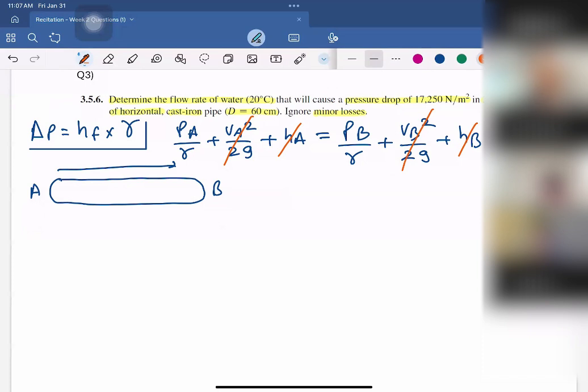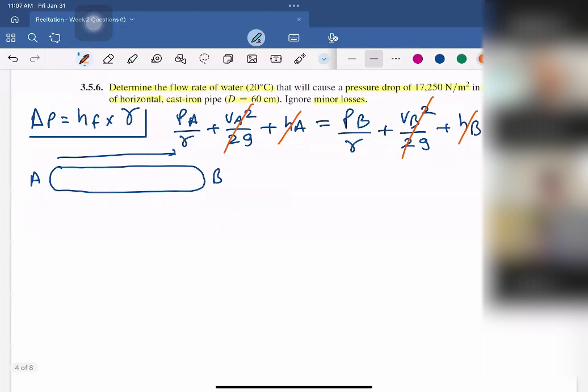However, this doesn't mean that we completely ignore velocities. Of course, we will calculate velocity, but they will be the same, so we will not need that in the equation. Since we are given the pressure drop, we can find something from there.